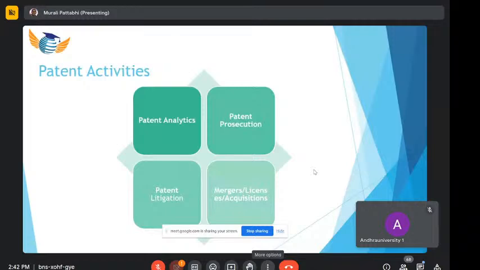Another very important thing is clearance reports. Most of the time we know that we will not get a patent, but our market would demand a change in the product. So as per the market survey we do, the changes we make will be incorporated into our product.